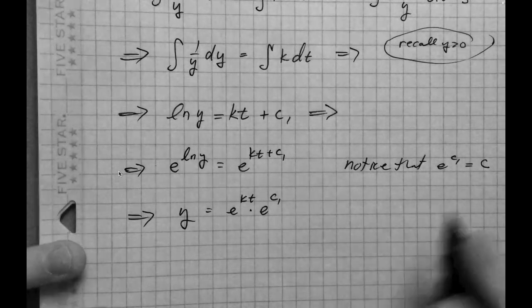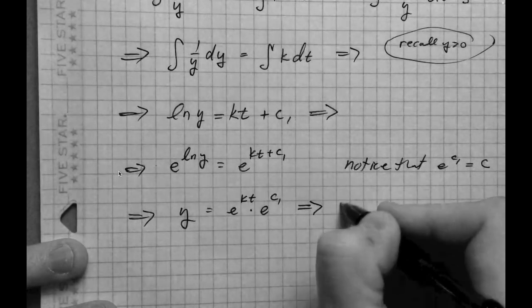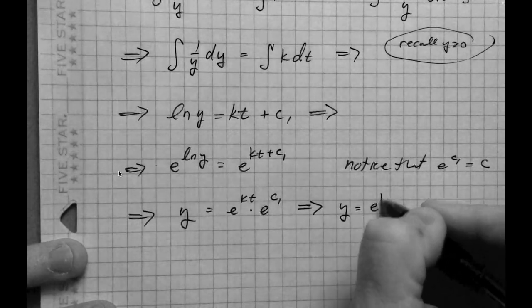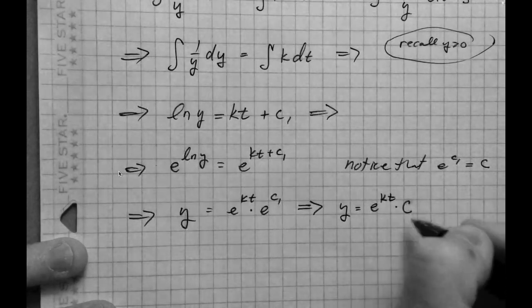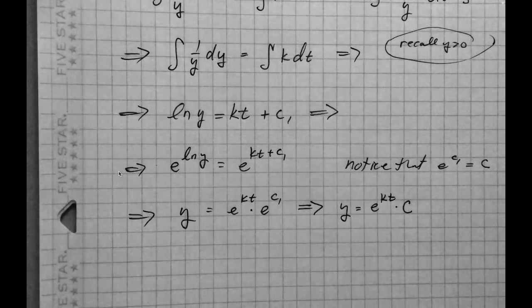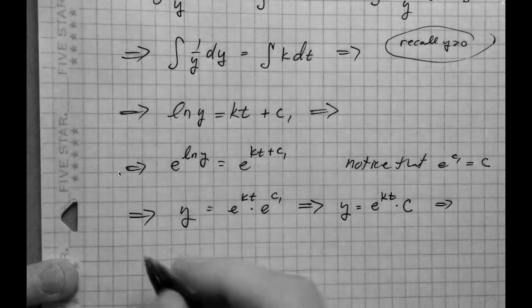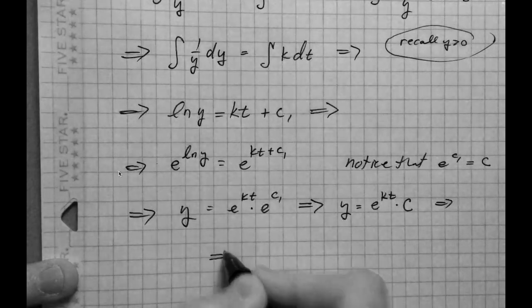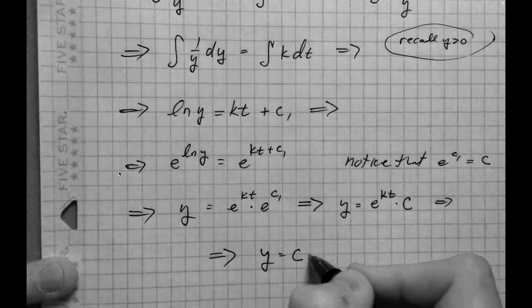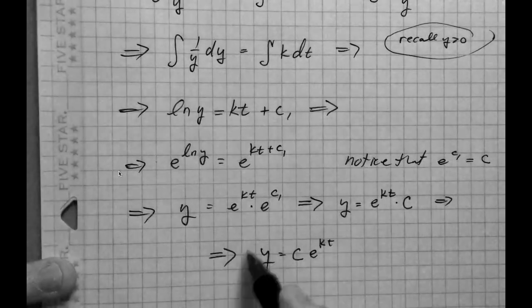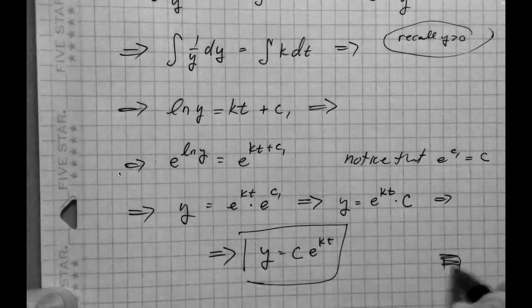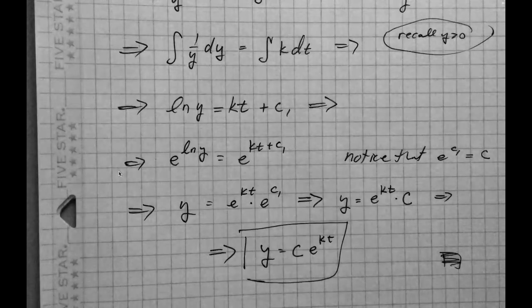And so that means this here is y equals e to the kt times the constant, whatever e raised to c1 is. And then a slightly better way to write this might be y equals c times e to the kt. And that's what we're driving towards. That's the general solution that we laid out in the theorem.